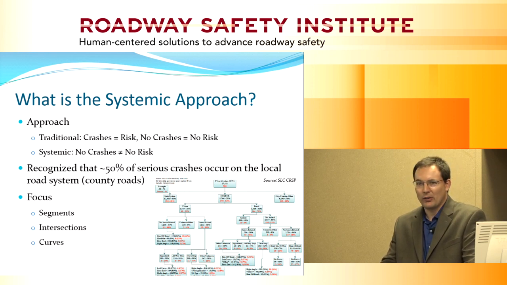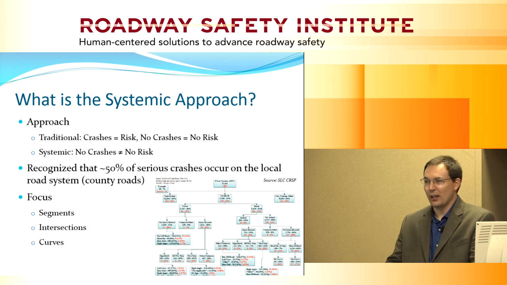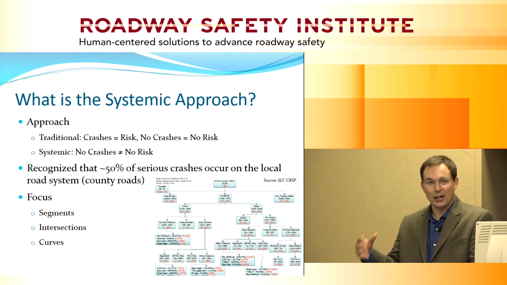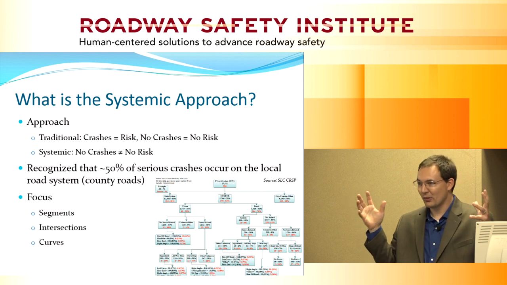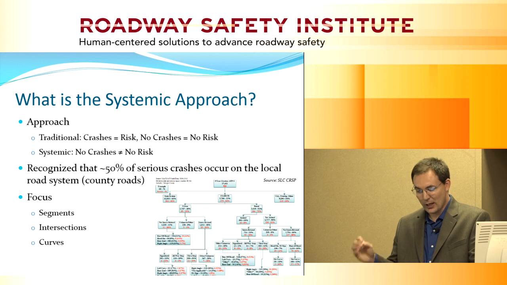I've lived here for my entire life, 40, 50, 60 years. Nobody's ever run off the corner there. In fact, I don't ever remember anybody running off the corner here. Why are you putting up chevron signs? Well, I can explain that question. In their mind, they're thinking there's been no crashes, there's no risk. I'm looking at it saying, well, this has the symptoms or the risk factors that are correlated to these high crash locations that we need to take a look at.